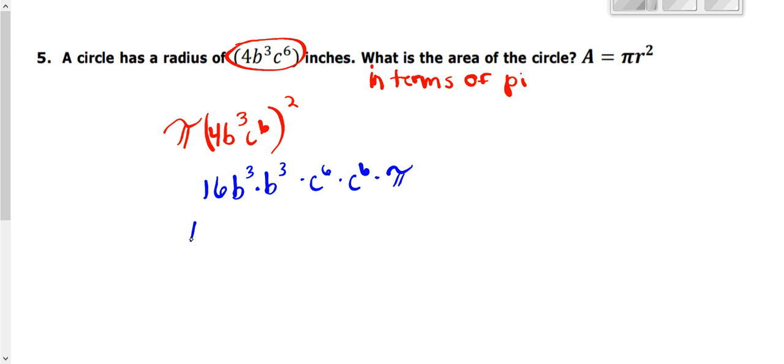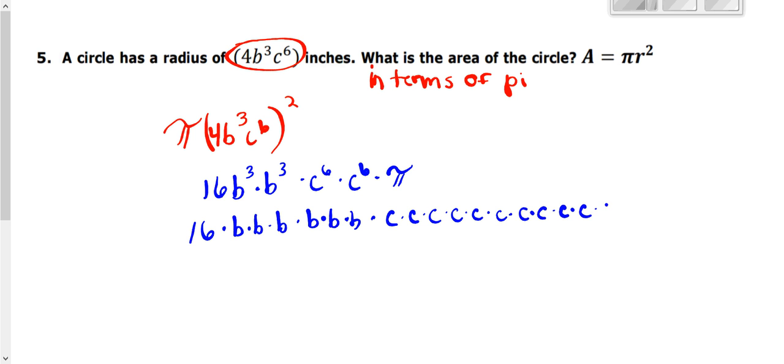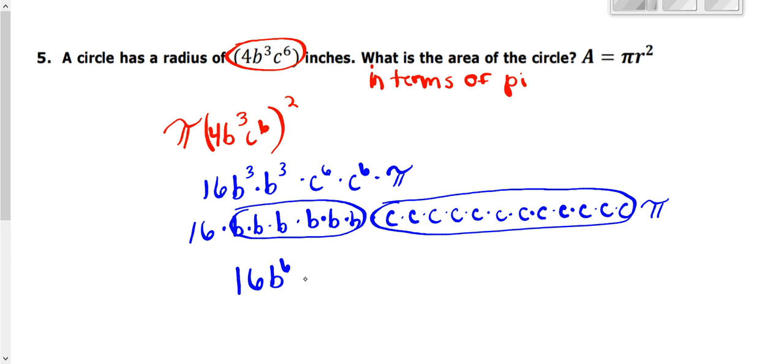Okay, so expanding that out, I have 16 times b to the 3rd, and another b to the 3rd, and a c to the 6th, and another c to the 6th, and pi. So I can put my b's together and I get 16b to the 6th. I can put my c's together and I get c to the 12th, and then I have pi. So my answer should be 16b to the 6th, c to the 12th, pi.